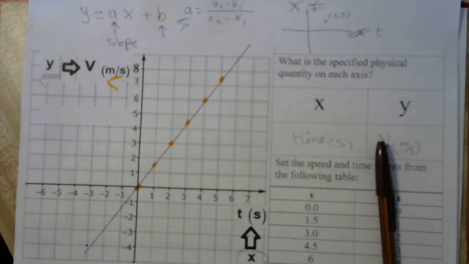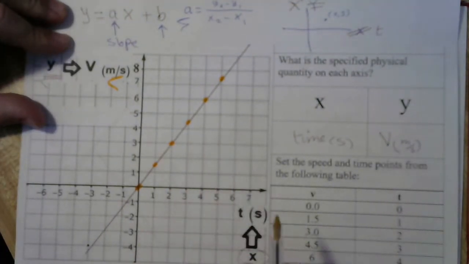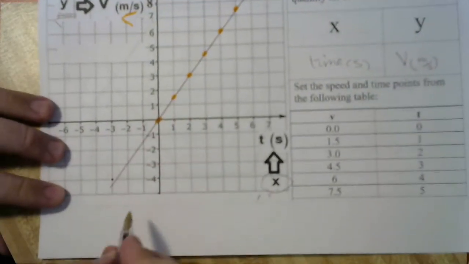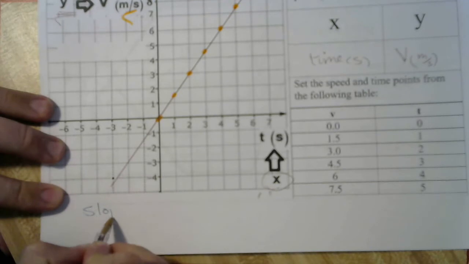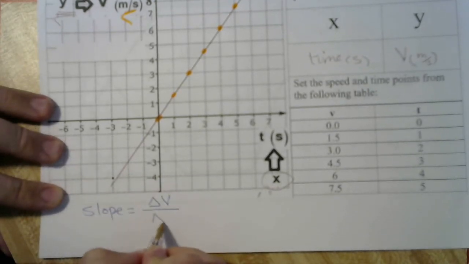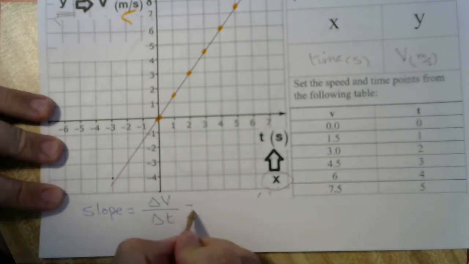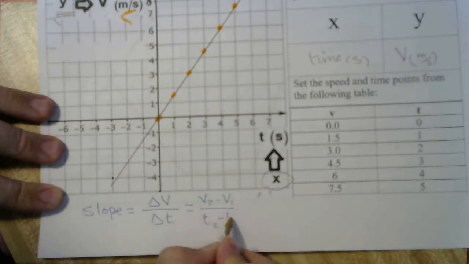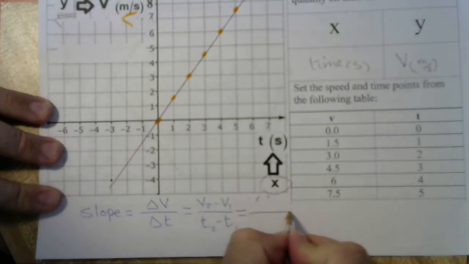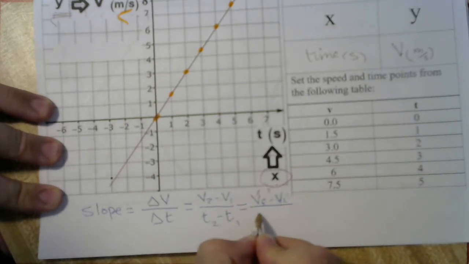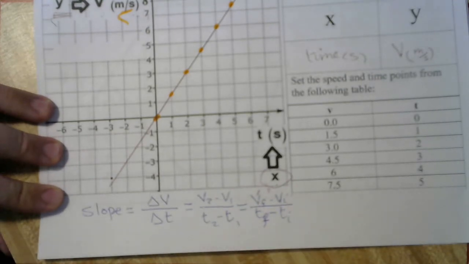So if I need to find the slope in this graph, the slope is equal to delta v over delta t, which is v2 minus v1 over t2 minus t1, the same as v final minus v initial over t final minus t initial.